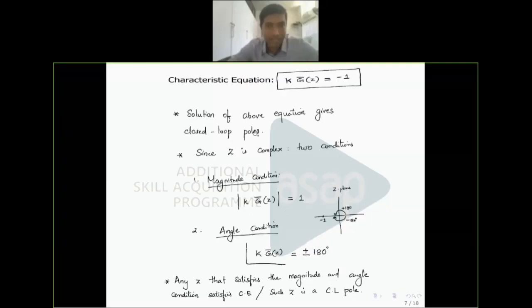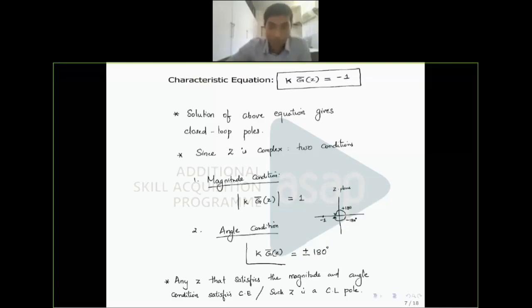It's very evident, because since z is a complex number, it can take complex values. So kg bar z equal to minus 1 means, suppose you are considering a z plane like this, minus 1 is a point somewhere on the real axis towards the left side, right? So what is the magnitude at this point? Since it is kg bar z equal to minus 1, the magnitude is 1.